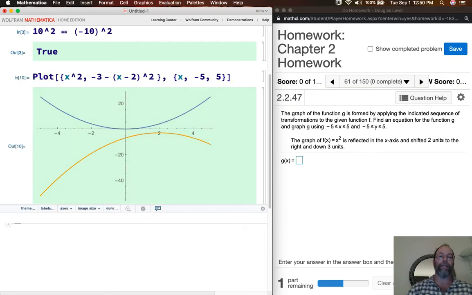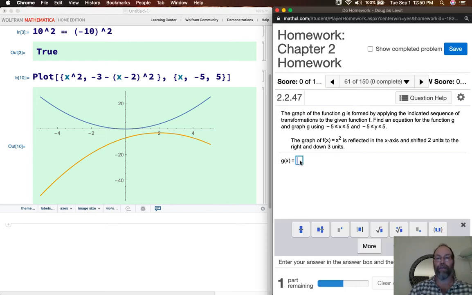So the blue curve is the original curve. The graph in orange is the transformed curve. So let's see if this is true. Let's see if Pearson agrees with me. So we have negative 3 minus x minus 2 to the power of 2.